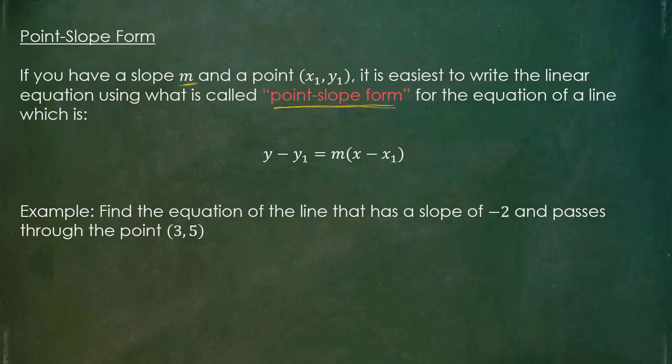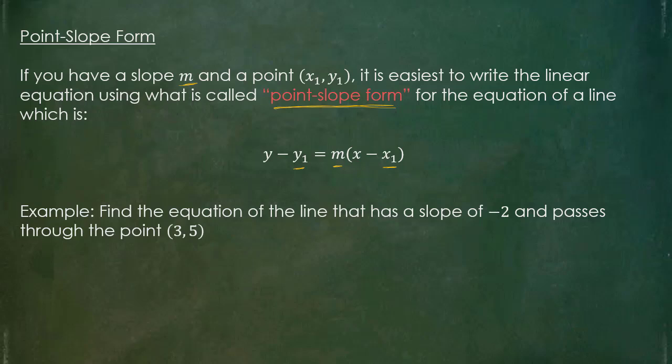So what that looks like is, as you can see here in the middle of the screen, it's y minus y1 being equivalent to the slope, or m, times the grouping of x minus x1. So really, the m is going to turn into a number, the y1 will turn into a number, and x1 will turn into a number. I'll just substitute in, and notice I would leave the other letters x and y. That way it actually stays in the form of an equation.